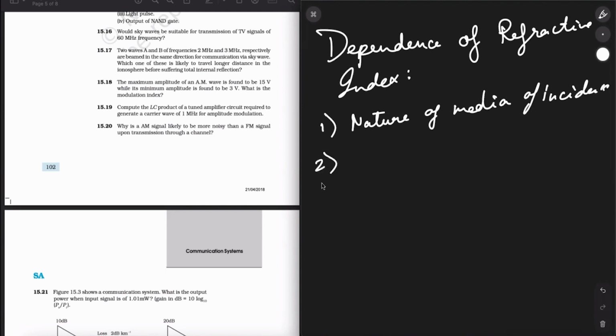Number 2, color of light, or wavelength used.